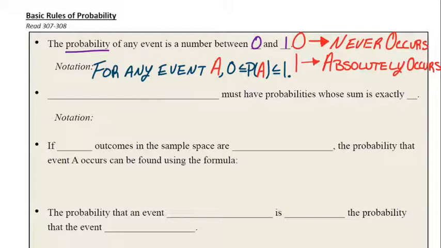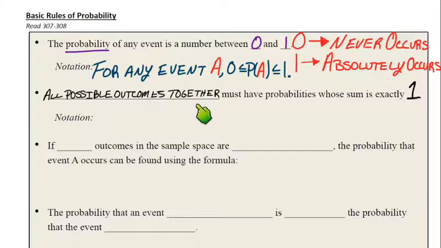Okay, so the second rule here. All possible outcomes together must have probabilities whose sum is exactly 1. So if you think about whatever situation it is for your sample space S, if you add up all the possible outcomes, the sum must be 1. The notation for that, capital S here.